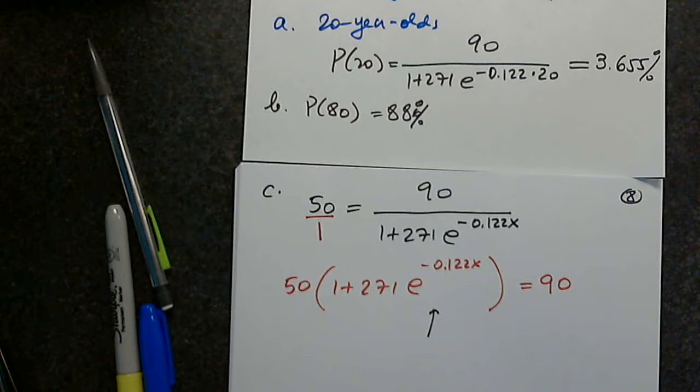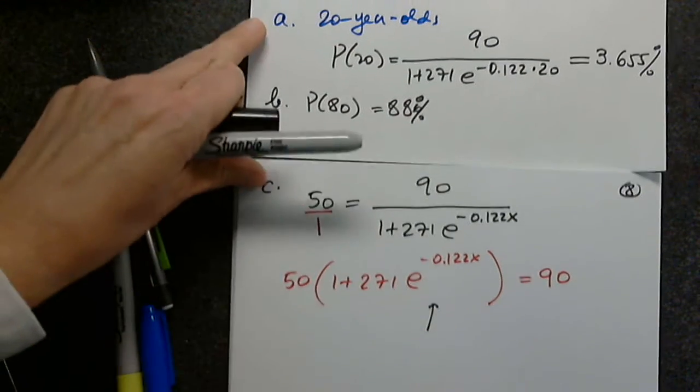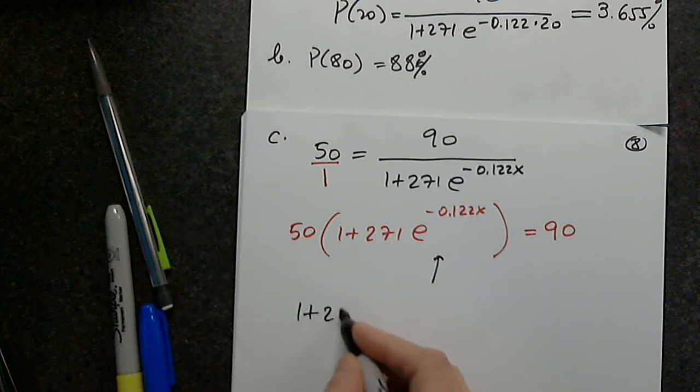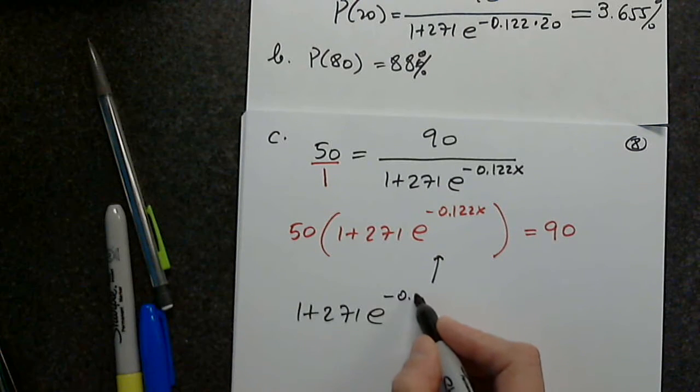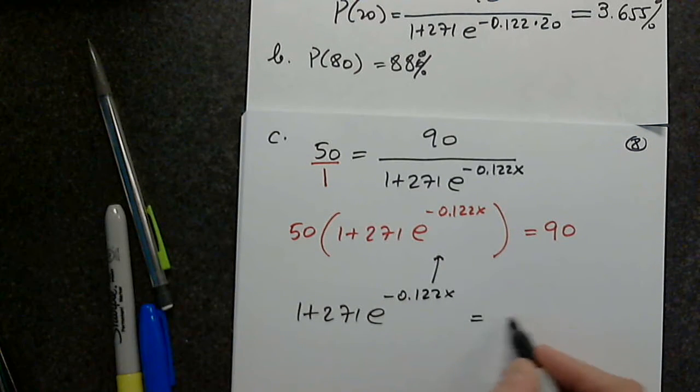What should I get rid of first? I want to get rid of this first. Divide both sides by 50. 1 plus 271 e to negative 0.122x equals 9/5. 90 over 50 is 9/5.